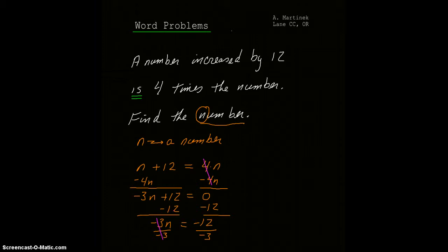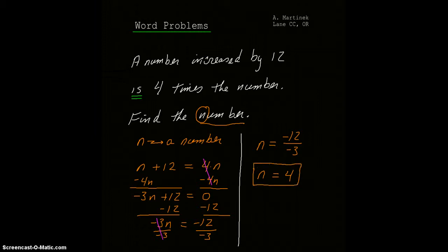And that leaves me, let me draw a line down the page, with n is equal to minus 12 divided by minus 3, and a minus divided by a minus is positive. 3 goes into 12 4 times, so n is equal to 4. So my number, find the number, n, happens to be 4. So 4 is the number that works.